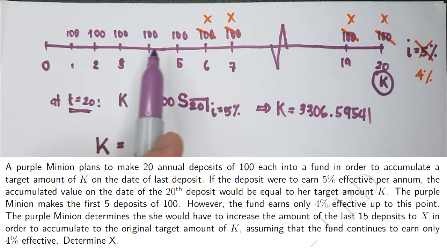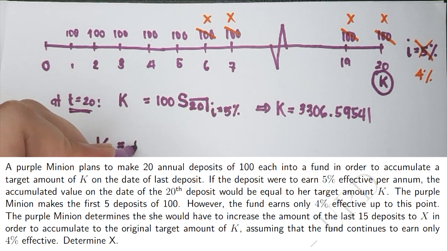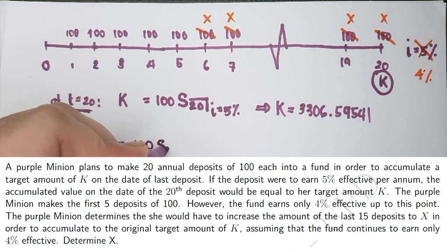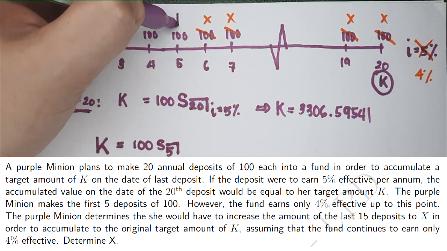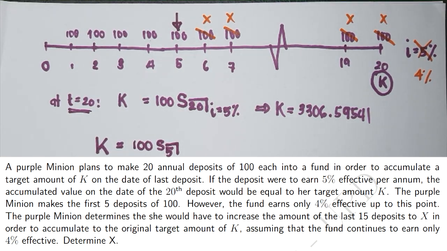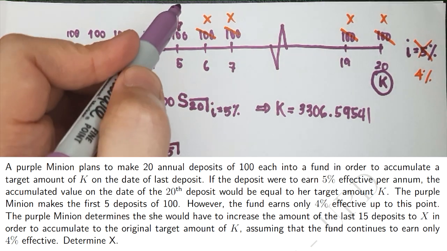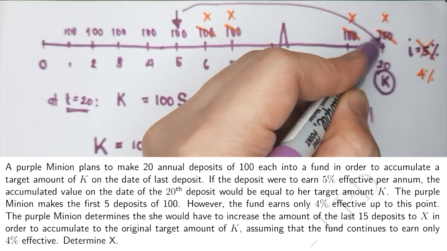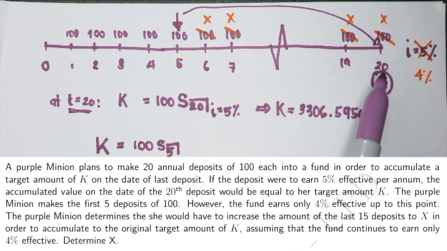Now, we get the value of these payments. Yung 5 100s, so, ganito siya, 100 S angle 5. Pero, itong 100 S angle 5, dapat clear sa inyo yan na nandito pa lang kayo at T equals 5. Itong value na to, nandito pa lang siya. So, you need to carry it to time 20. And how are you going to do that?